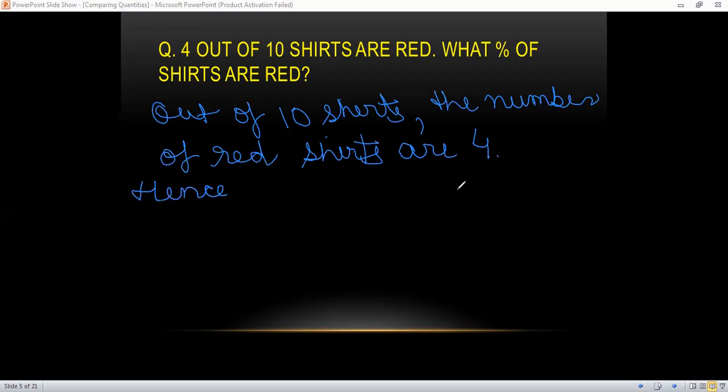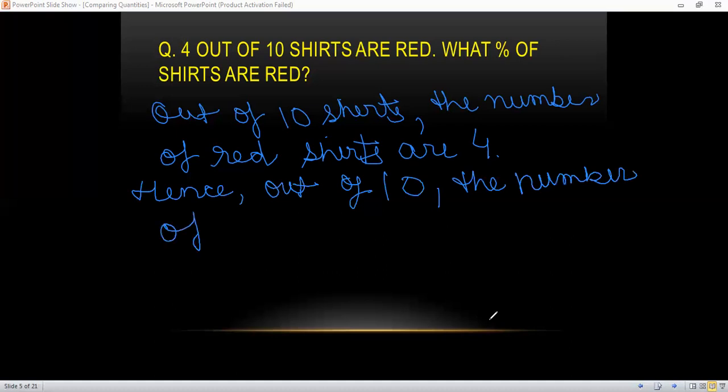Hence, out of 100, sorry, out of 10, the number of red shirts are 4 by 10.